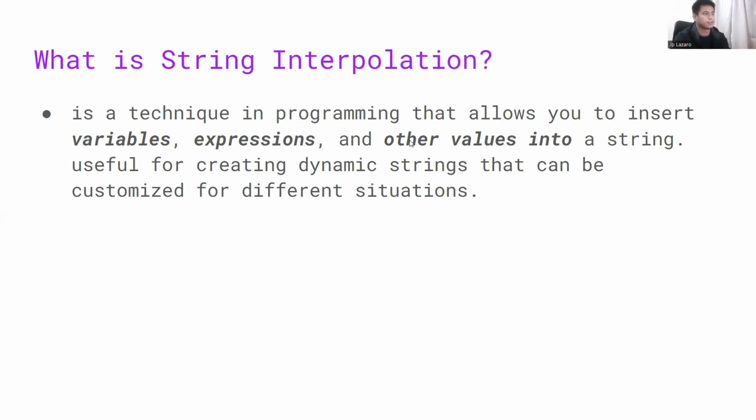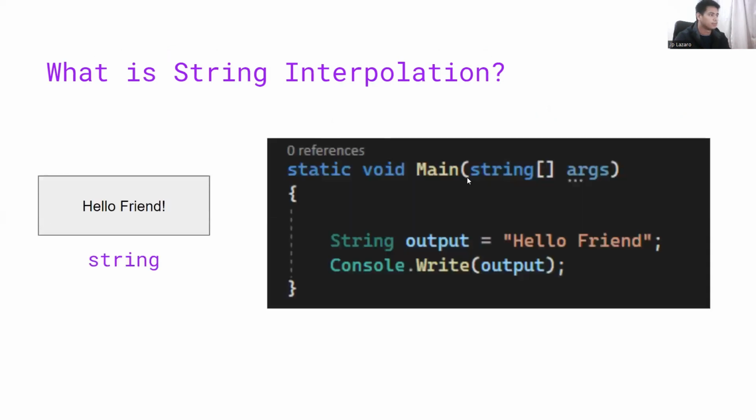Okay, so let's talk about it in more detail. All right, so for example, I have here my console application. I created a variable called output where we're just trying to output the string. Currently the value of output is hello friend, which is a string.